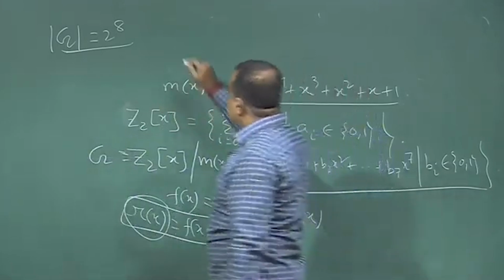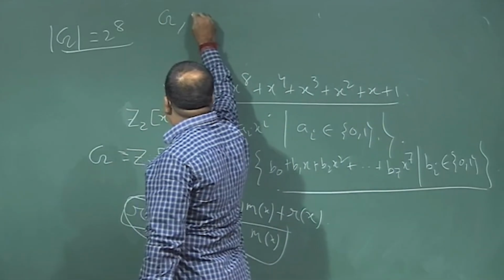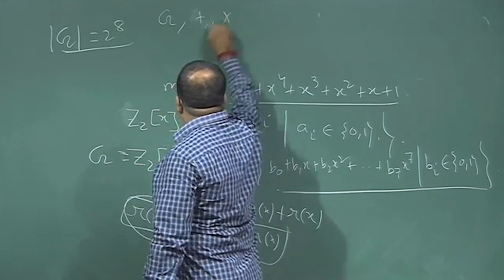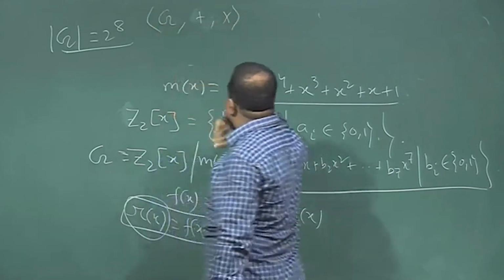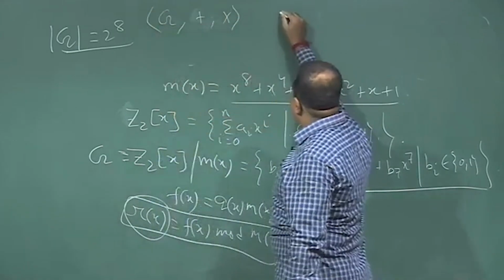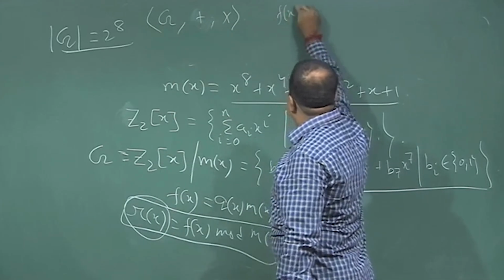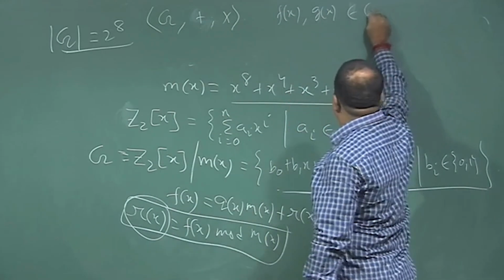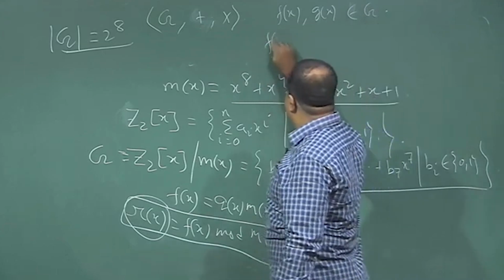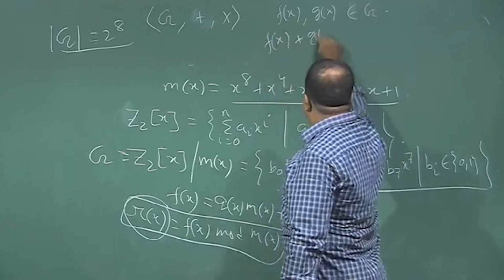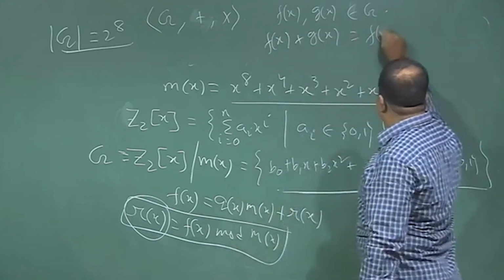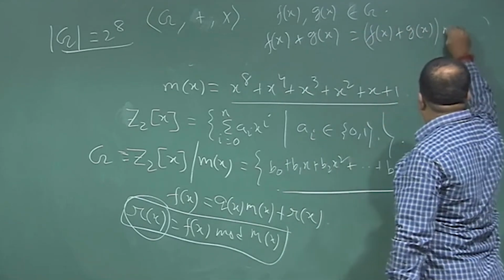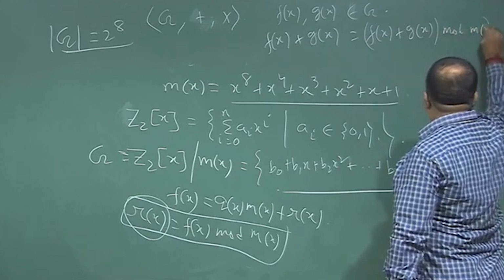We can show that G with this plus and multiplication forms a field. This plus is basically, if you take any two elements f(x) and g(x) from this set G, f(x) plus g(x), this polynomial sum, mod m(x).